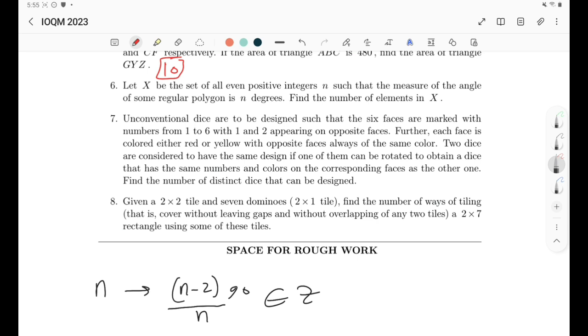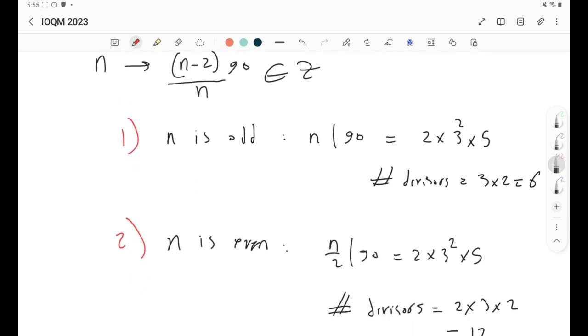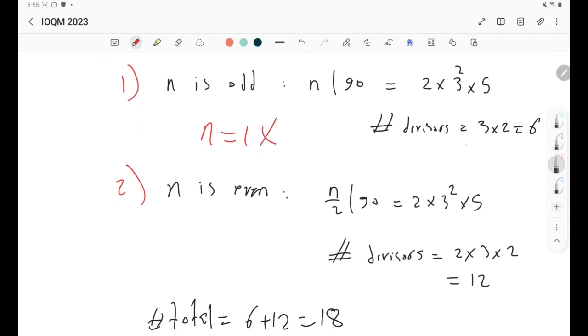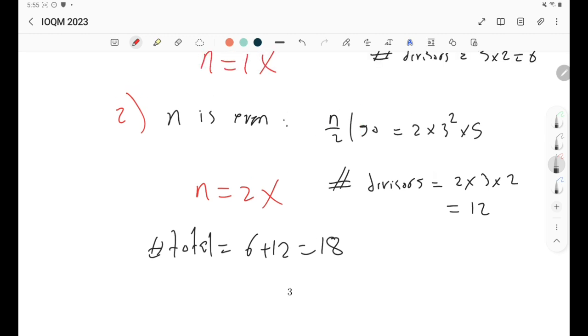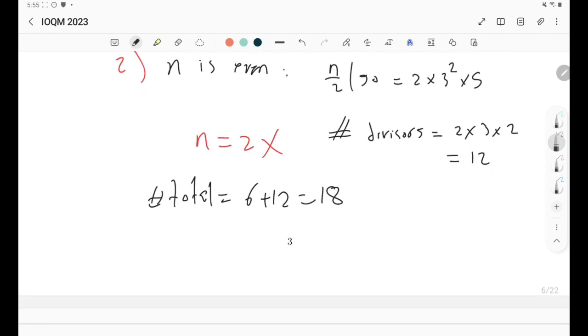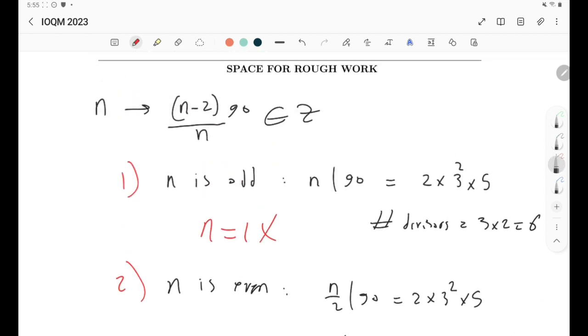For sure no. So you need to cancel the n equals 1 and n equals 2 solutions, meaning that here when n is odd, we need to cancel n equals 1 because we counted it here among the 6. Same thing here, we need to cancel n equals 2 because we also counted it here when this thing is equal to 1. So that means that we need to deduct 2 here and get 16. And now 16 is the final answer.